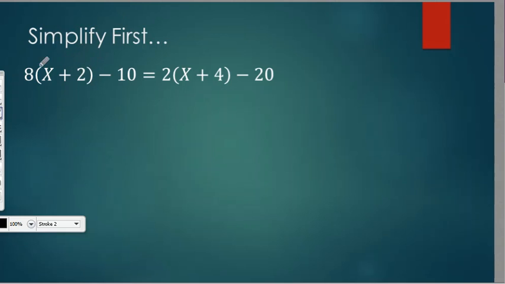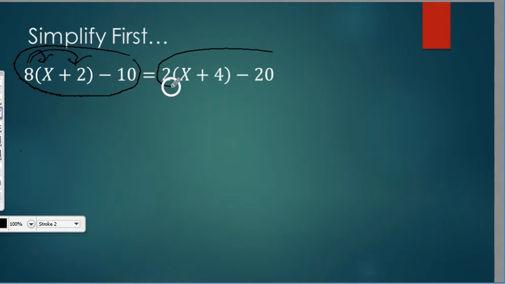Whenever you have a number in front of a parentheses, it has to get distributed to both of the terms inside the parentheses. So the way we're going to solve this equation is we are going to simplify the left side. Then we're going to simplify the right side. Then we're going to solve. Okay, so let's go ahead and simplify the left side.